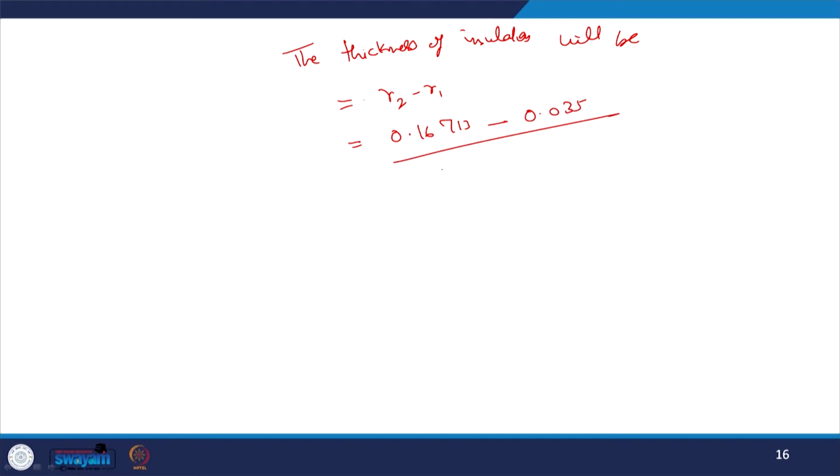The thickness of insulation will be R2 minus R1, and that is 0.16713 minus 0.035, which is 0.13213 meter, and that is our desired answer.